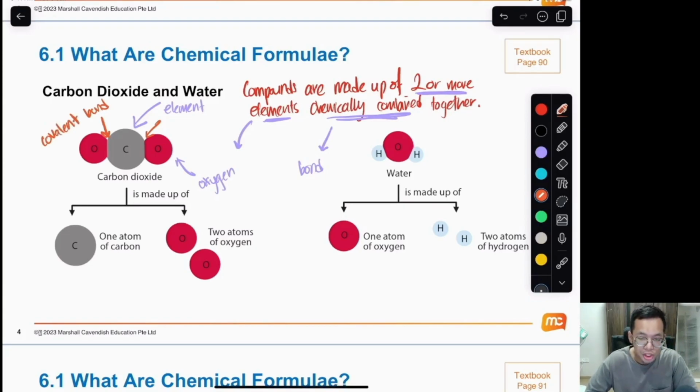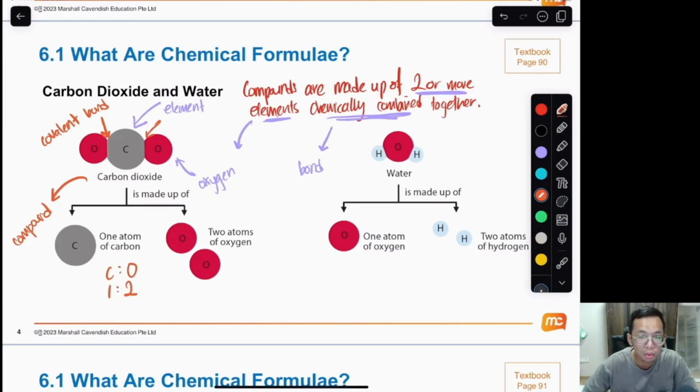So between oxygen and carbon, there is a covalent bond, and between carbon and another oxygen atom, it forms another covalent bond, and this whole carbon dioxide is what you call a compound. If we were to simplify it in ratio, remember in your mathematics, one atom of carbon is to 2 atoms of oxygen. So if I were to put it in ratio, it is 1:2.